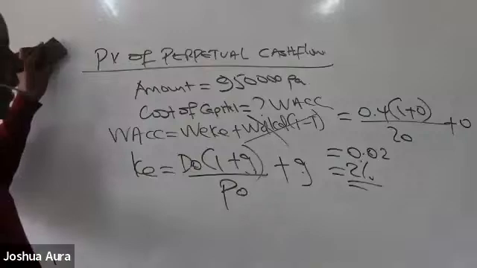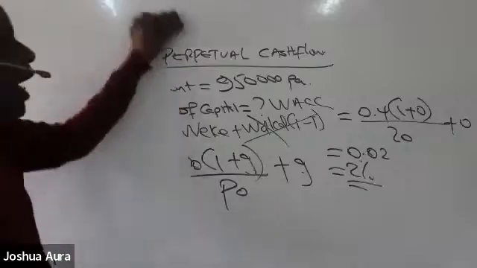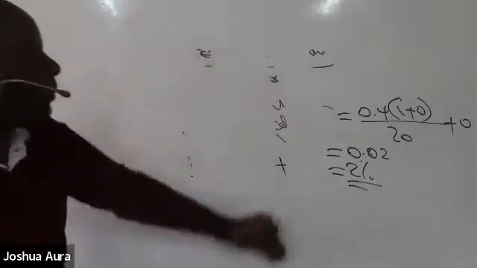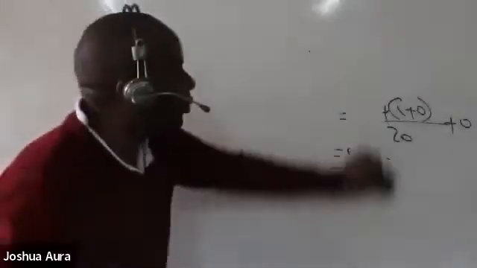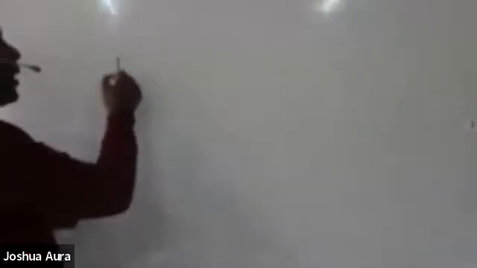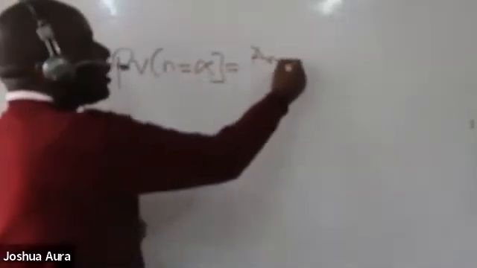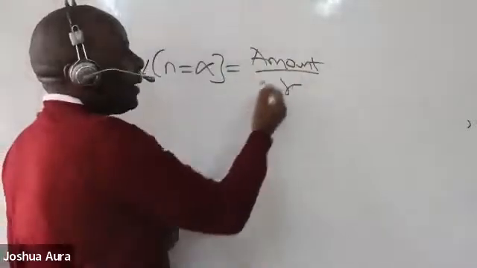Great. Thank you so much. Now, once I've reached here, I'll easily give you the present value of this perpetual cash flow. This is the first thing that very many students of financial management fail in. So present value, where n is infinity, will be the amount divided by R, isn't it?